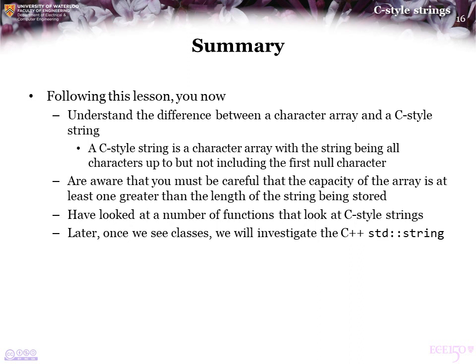Now, a C-style string uses a character array, but the assumption is one of the entries of the array is a null character, and the first null character represents the end of the string that is being stored. Consequently, the capacity of the array must always be at least one greater than the length of the string that is being stored.